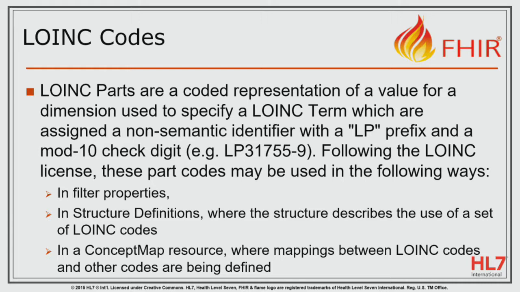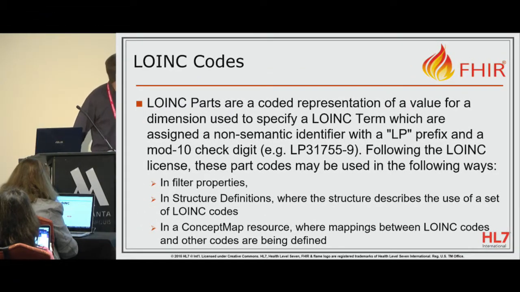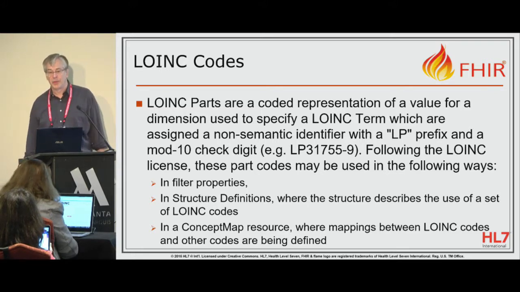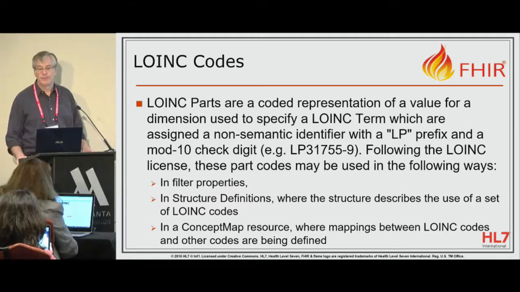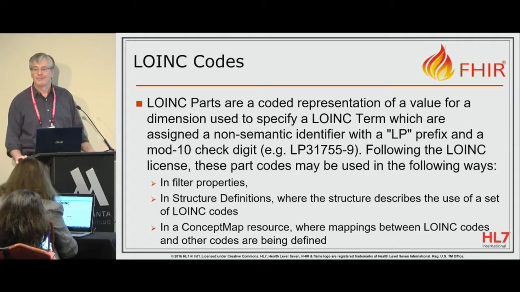And following along the license, codes may be used in the following ways: in filter properties, structure definitions, and of course in a concept map where you're mapping between LOINC codes and some other code system. I have never seen a LOINC code without... You know, that's not a LOINC code, that's a LOINC part code. Yeah, sorry.